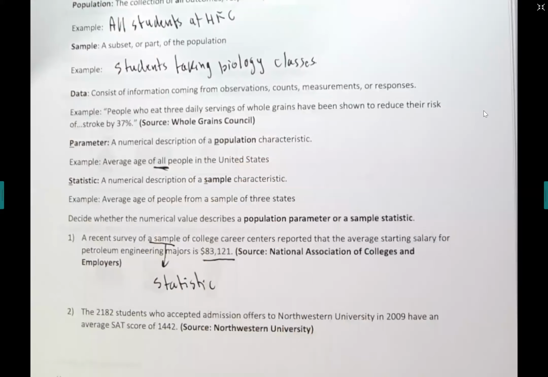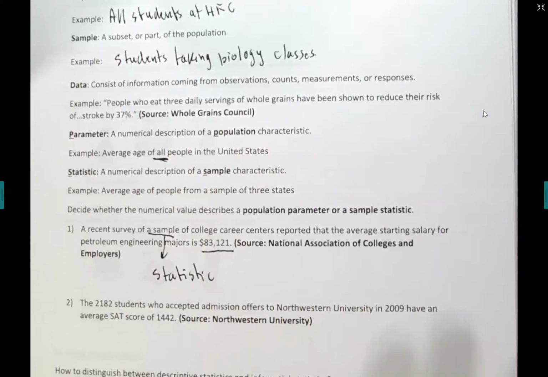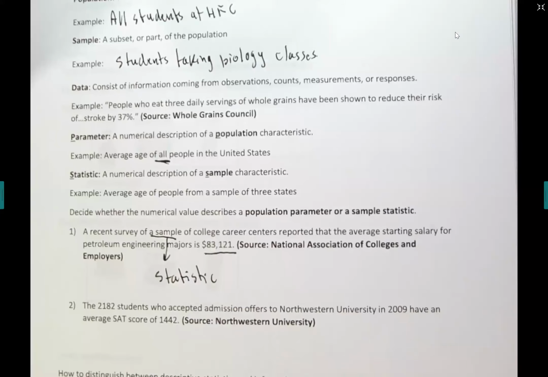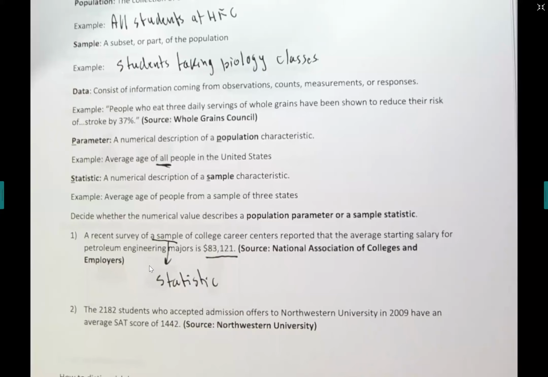Okay, let's take number 2. It doesn't have to be parameter, it could be statistic too. The 2,182 students who accepted admission offers to Northwestern University in 2009 have an average SAT score of 1442. How do you guys know that this is a statistic or a parameter? Can someone tell me? Any idea?